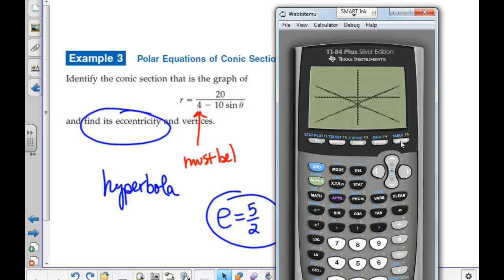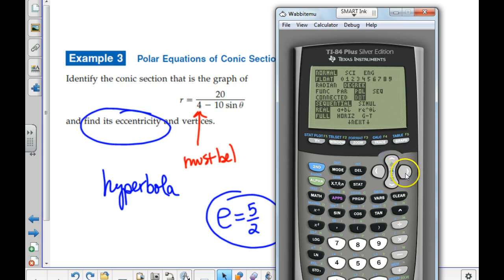It does something crazy because it's connecting all the dots, and there are so many dots that it actually drew in the asymptotes. If you look really closely, can you see the hyperbola there? But it actually connected the asymptotes. Look, I'm going to put mine in dot mode instead of connected mode down here. If I go to mode and I go over to dot instead of connected.